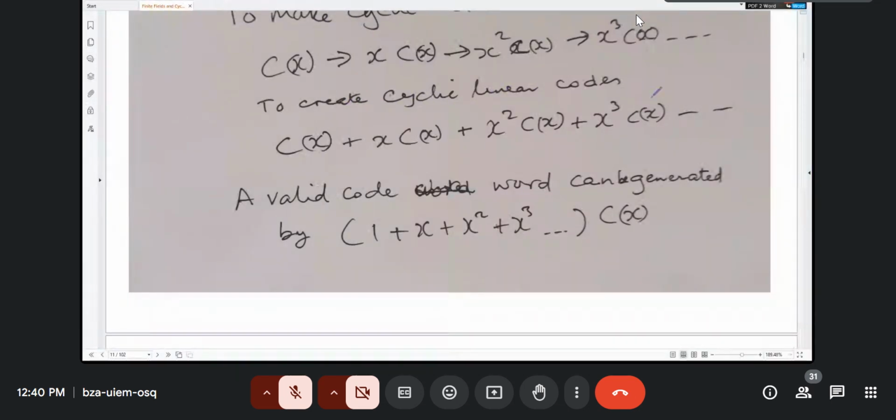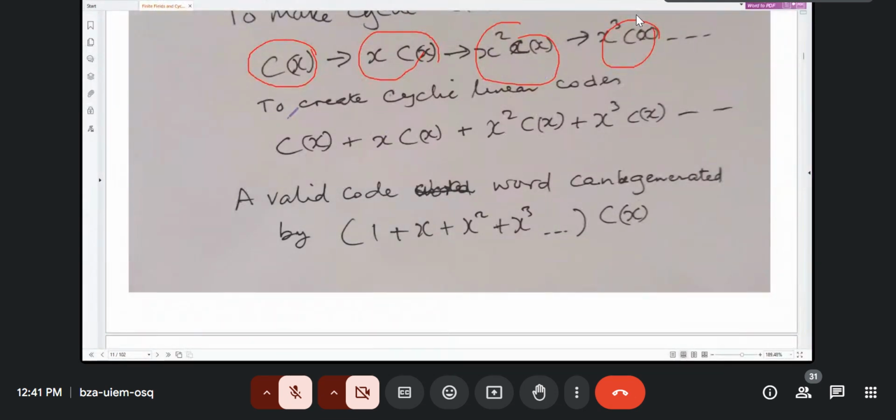Because what we are saying is, to create a linear code, it means you are adding code words to create another code word. Remember, that's the definition of a linear code, where adding 2 code words generates another code word. So this is one of the code words. You have generated another code word by just doing cyclic shifts.